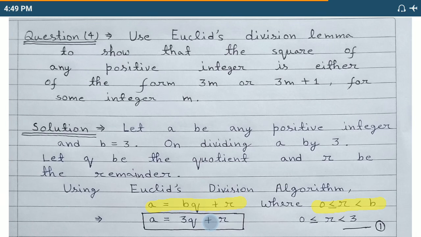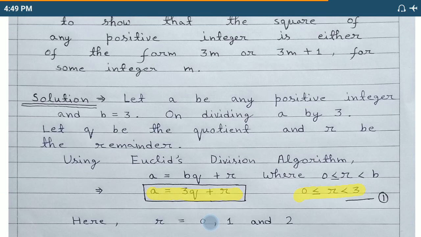Therefore, now taking b equal to 3 as it is the divisor. On dividing a by 3, let q be the quotient and r be the remainder. And the equation becomes a equals 3q plus r. This is equation number 1. And we know that the remainder is greater than or equal to 0 and less than b.